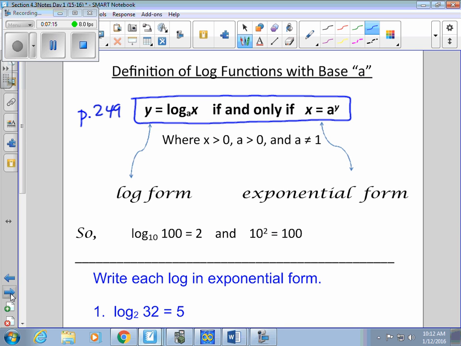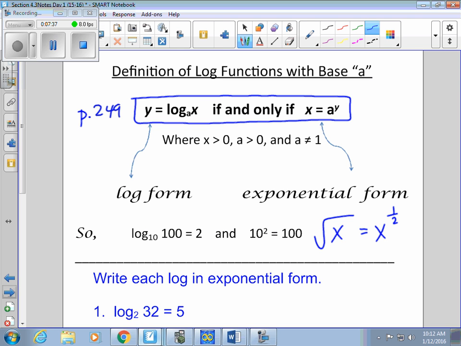When we started the school year, we talked about radical rules and exponent rules. Maybe we said, here's the square root of x, and we said we could write that also as x to the 1/2 power. Those two things are the same, and it took training your eyes to see that every rational exponent we can write as a radical function.